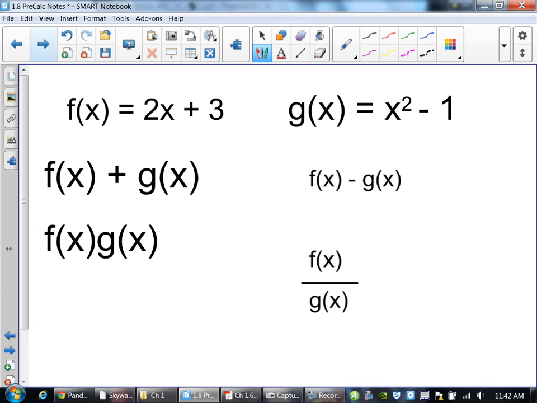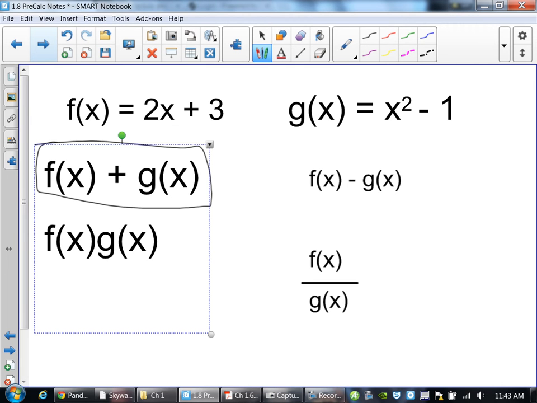What happens here is what we call function notation and function operations. You're taking two functions and doing some combination with them. In this case, it's asking you to add the two functions together, which means, just like Maddie said, I'm going to take the f of x. I probably should have spaced this out a little more. Give me a second to fix that.